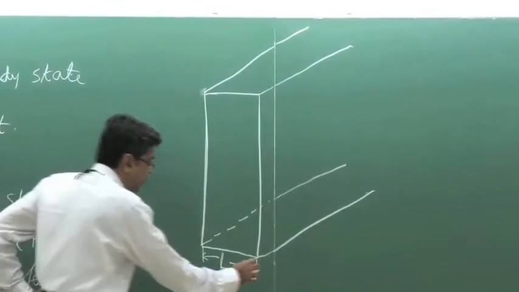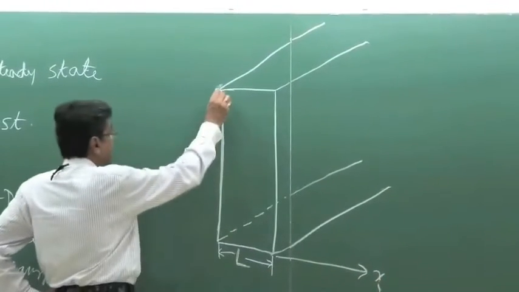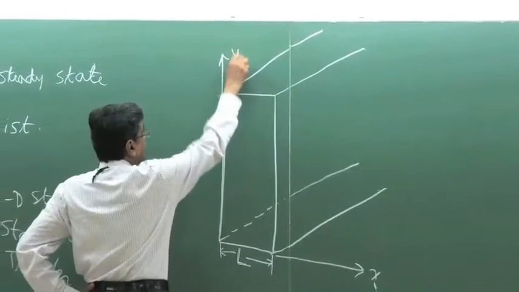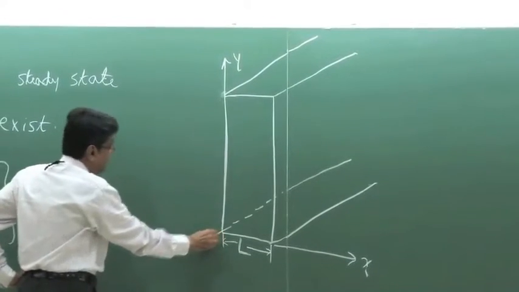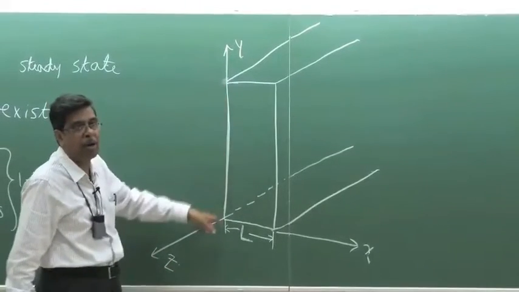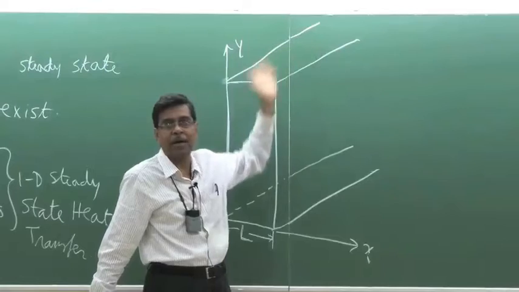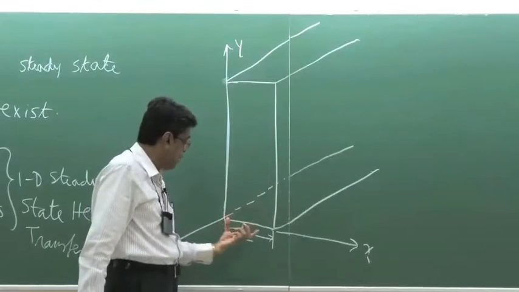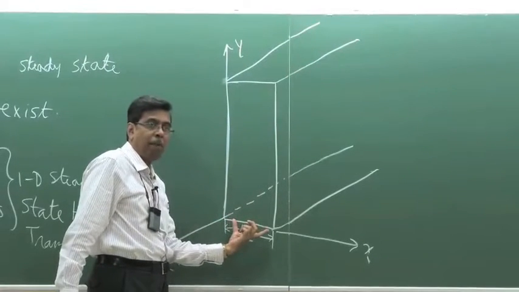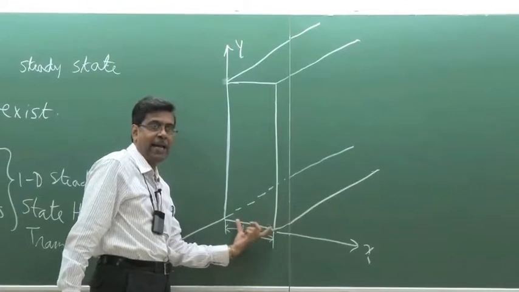That means if you consider this to be x, this direction to be y, and this to be z, its dimension in y direction, which you can call height, and its dimension in z direction, which you can call the breadth, is much higher as compared to its width or length L.